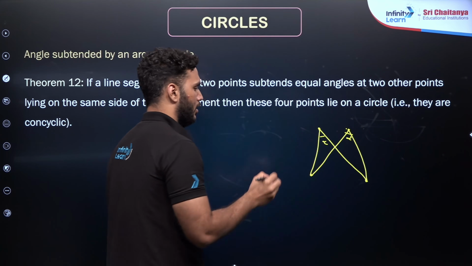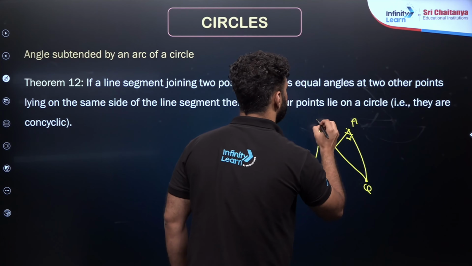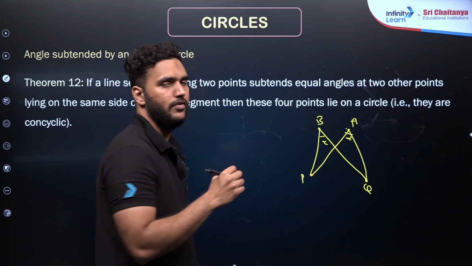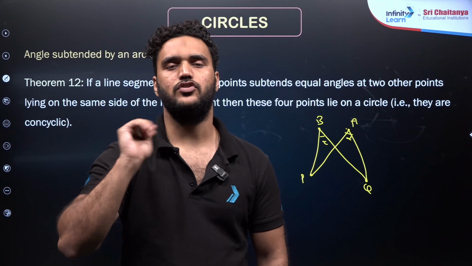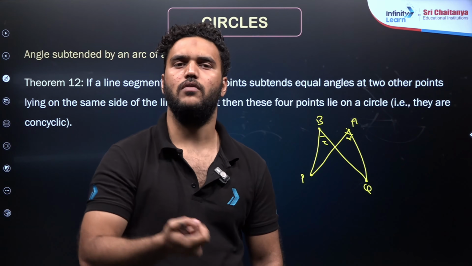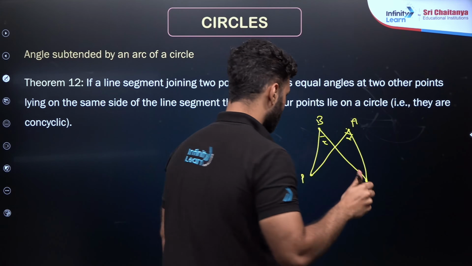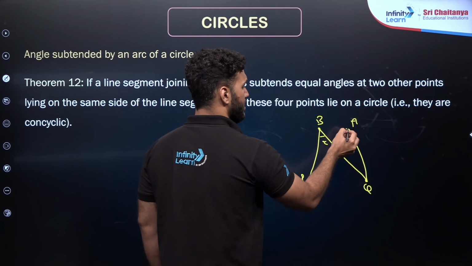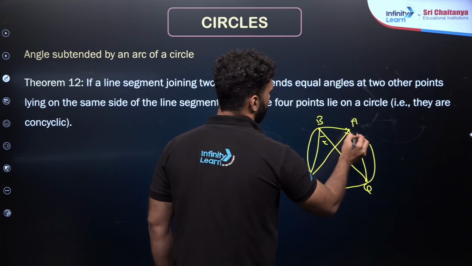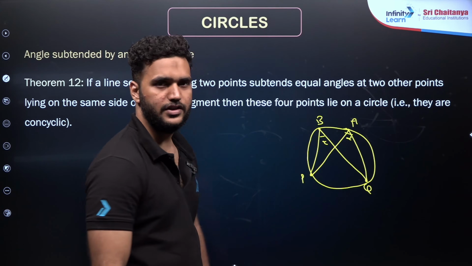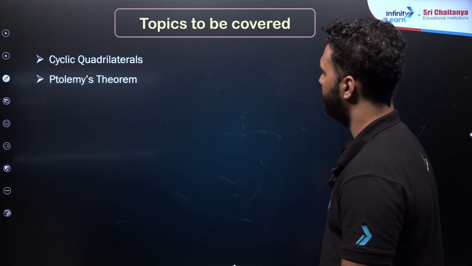Then these four points, let's say this point P, this is U, this is A, this is B, these 4 points will be co-cyclic. Co-cyclic means, as I told you, that for 4 points there is no surety that you can always make a circle passing through all the 4. But if you get this kind of condition, then there will be a surety that there will be a unique circle passing through all these 4 points. That's what this theorem states.